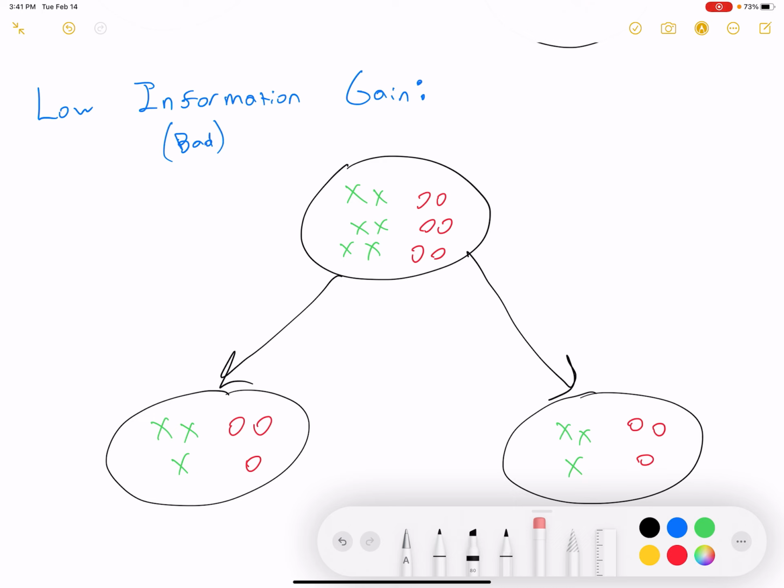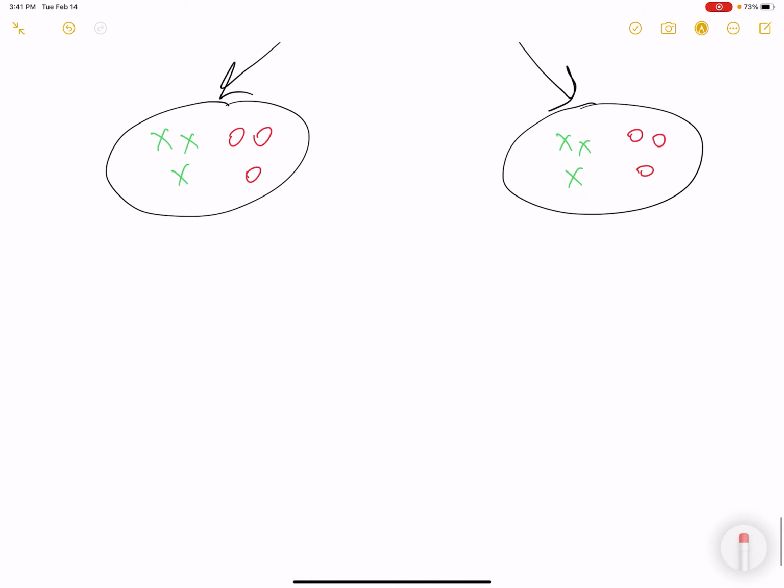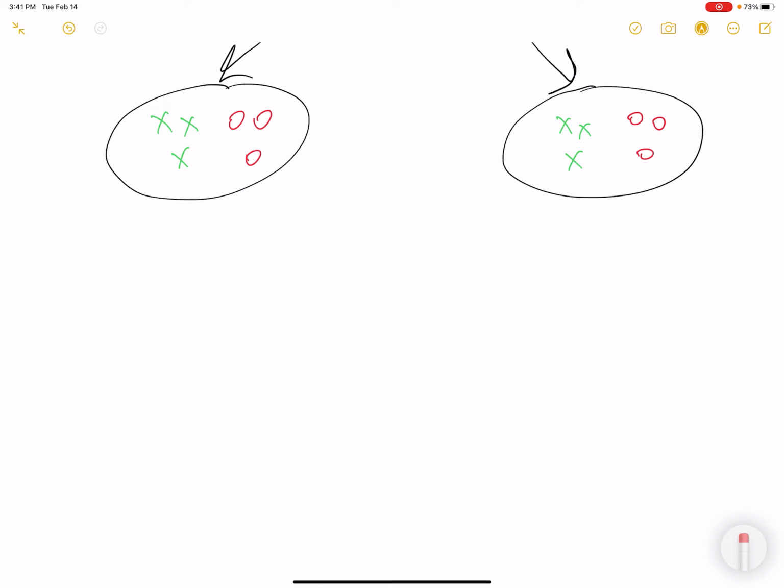Now let me go ahead and give you one of the algorithms for decision trees, and then we'll break it down, go through an example, and hopefully through that process, it will be elucidated how decision trees work. So a basic decision tree algorithm is called ID3.